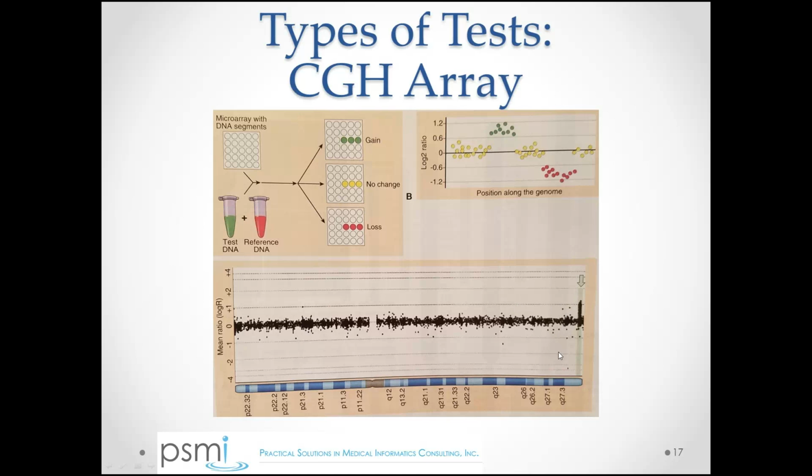And here what you see on this particular slide is a duplication of this particular region of the chromosome where there's heavy hybridization from the patient sample, much greater than what you're seeing from the reference DNA sample. And from there you can infer that there is an extra copy of this particular segment.